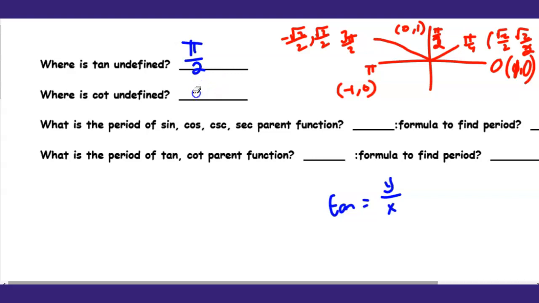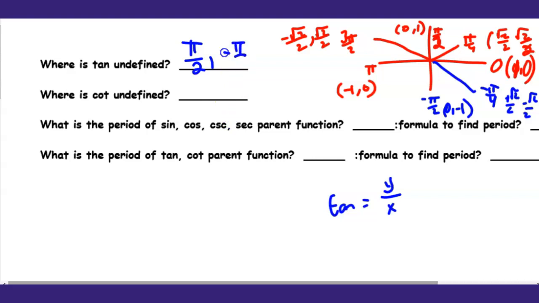Pi over 2. And where else? Give me another one. What would be another one? What if I went this way? What if I went negative pi over 4, negative pi halves, right? This is negative radical 2 over 2, and this would be 0, negative 1. So where else would it be undefined?